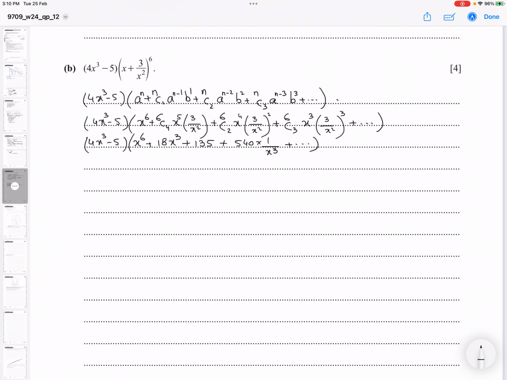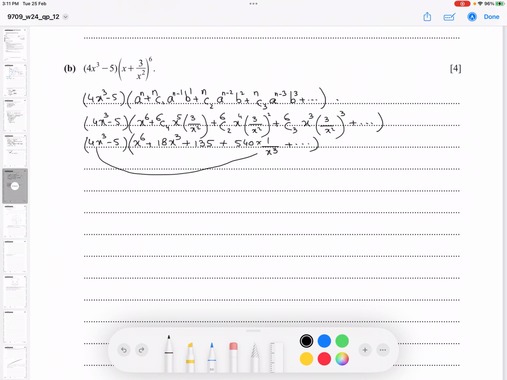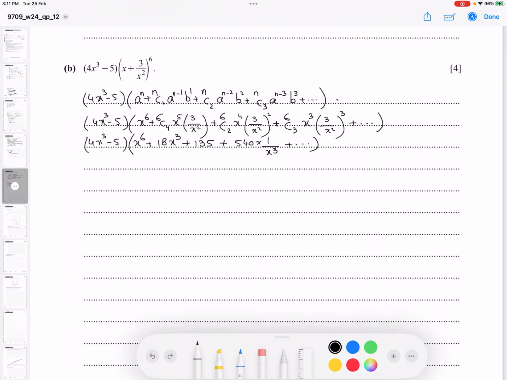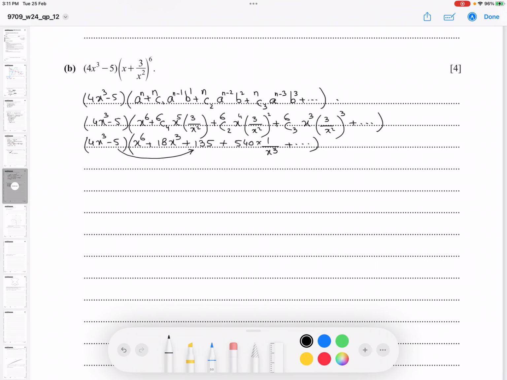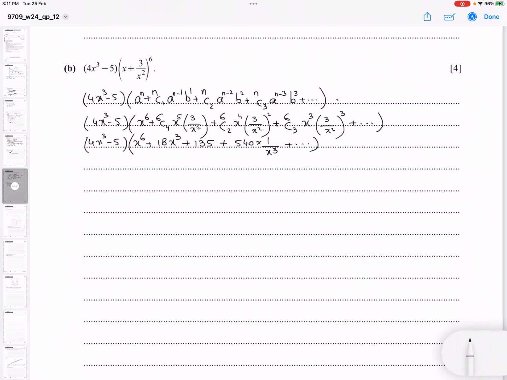Now what you have to do here, you have to multiply 4x to the power 3 with this, so that the x to the power 3 cancel each other out, and you have to multiply 5 with 135 only, because you are looking for the values independent of x.